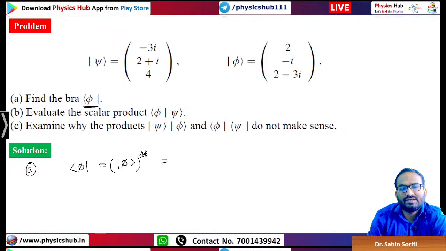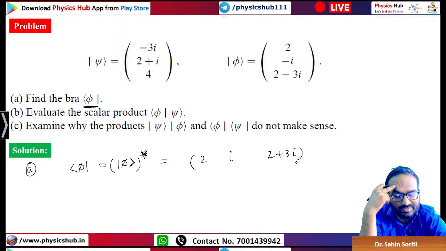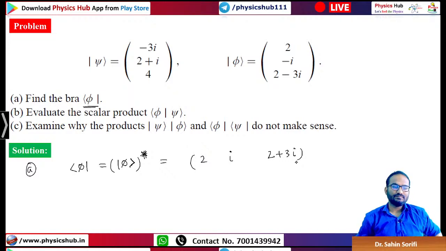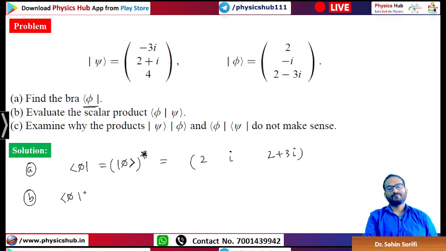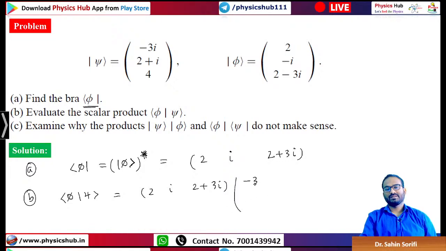So complex conjugate means you have to write it in this way: 2 plus i, 2 plus 3i. Evaluate the scalar product ⟨phi|psi⟩. So bra phi means it's a row vector: 2i, 2 plus 3i. Ket psi will remain as it is: minus 3i, 2 plus i, 4.